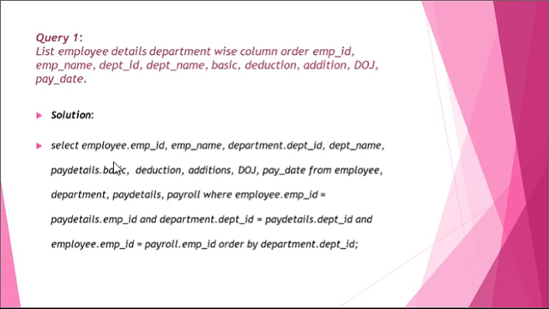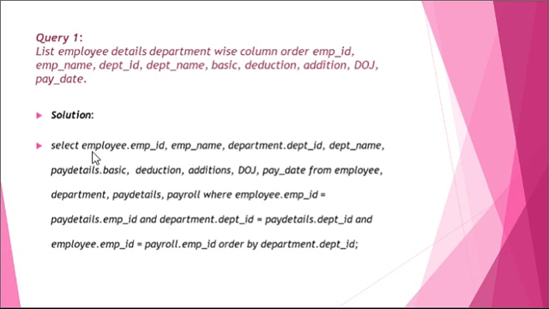What we want is the details of all the employees. Now we have multiple tables and multiple tables have the same columns. How can we justify which employee ID belongs to which table?